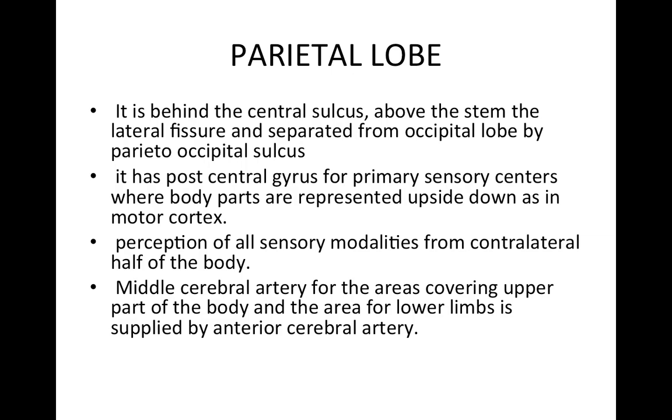Well, parietal lobe is supplied by the middle cerebral artery. Entire area is supplied by the middle cerebral artery except a part superiorly, which is supplied by the anterior cerebral artery.